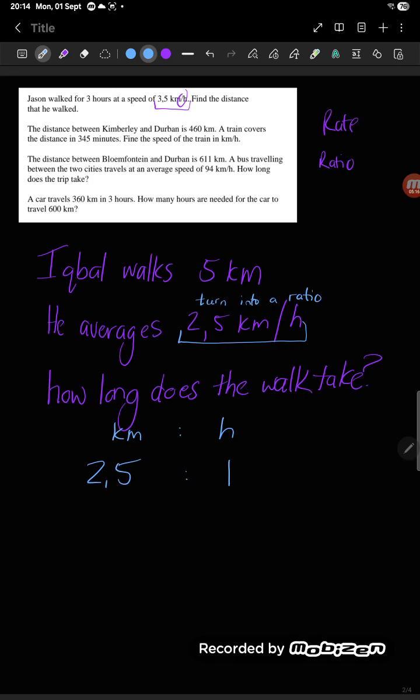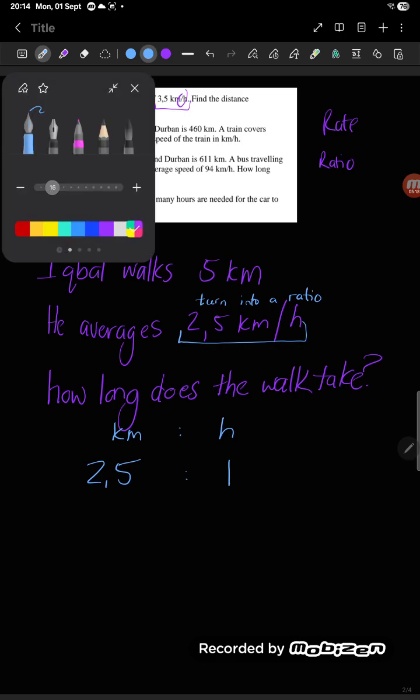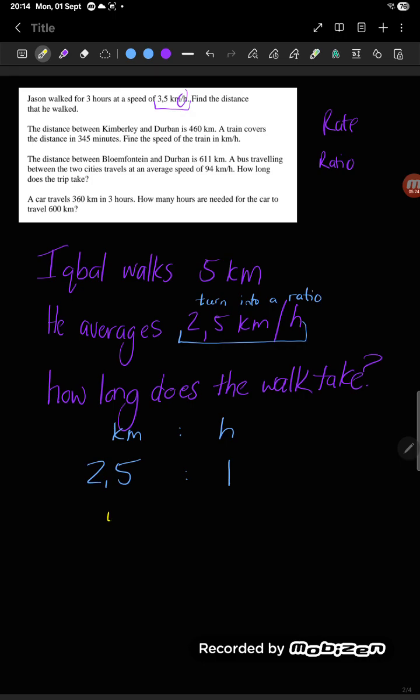How much does he walk? He walks 5 kilometers. How long does it take him to walk that 5 kilometers? Well, what did I do to 2.5? And you've got the answer already.